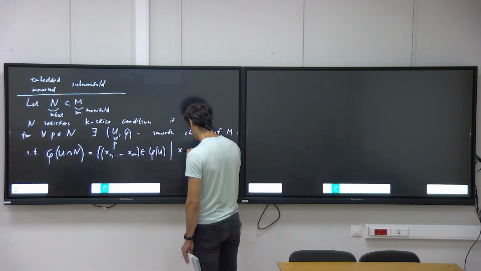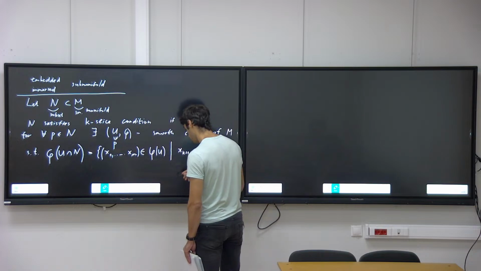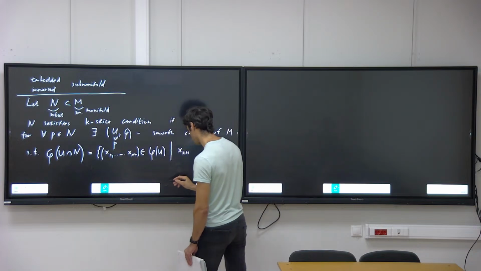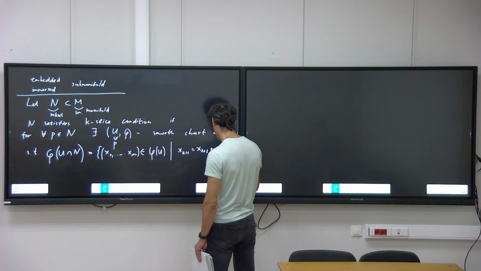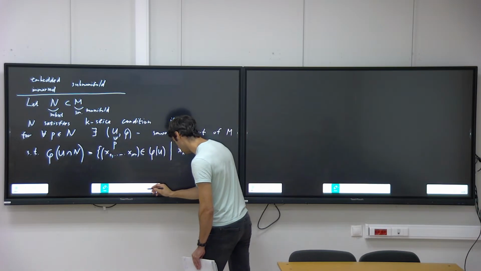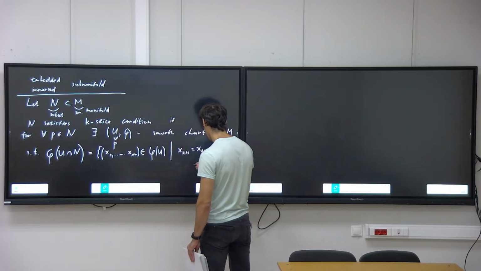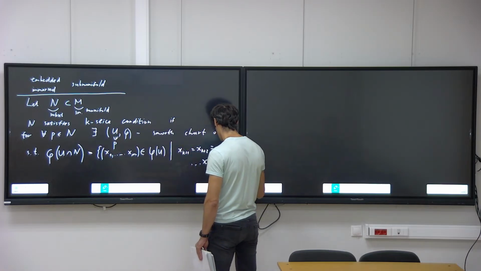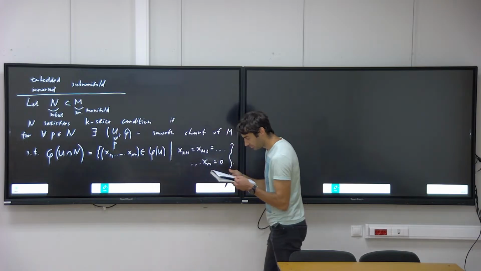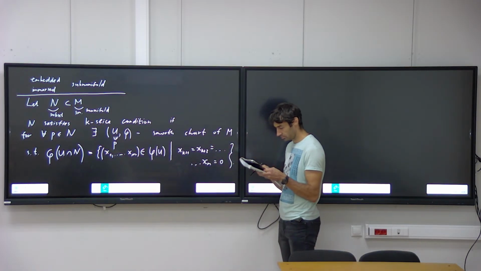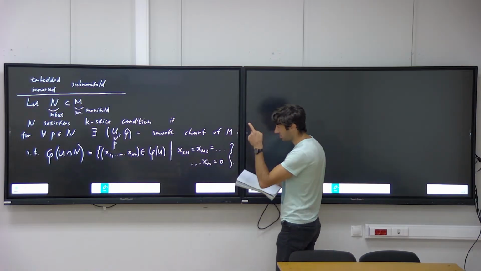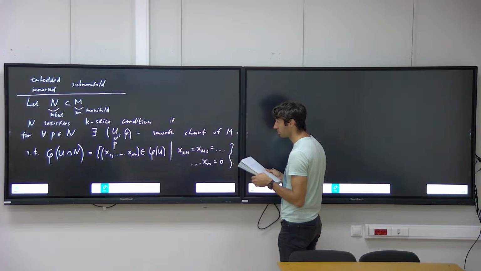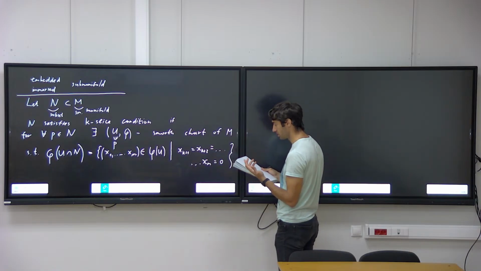So x_{k+1} equals x_{k+2} equals ... equals x_m equals 0. So this is what it means for a subset of a smooth manifold to satisfy the k-slice condition.